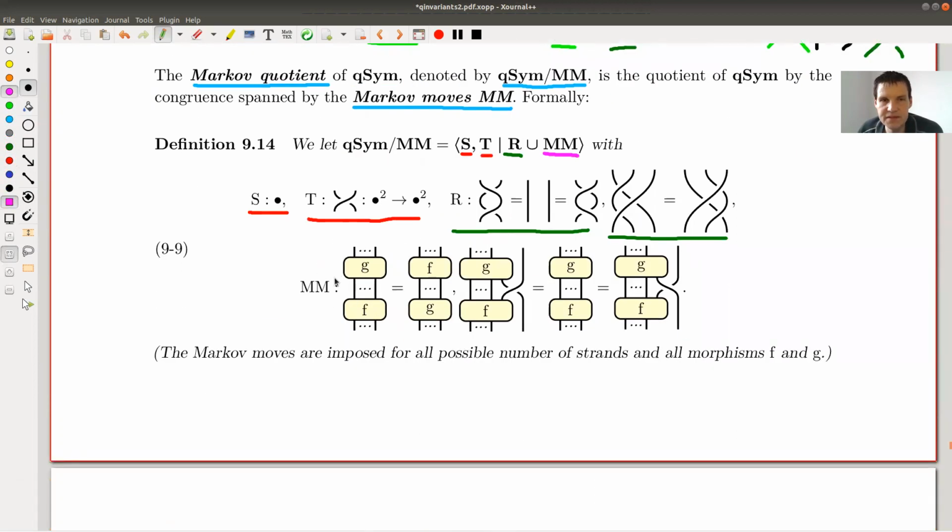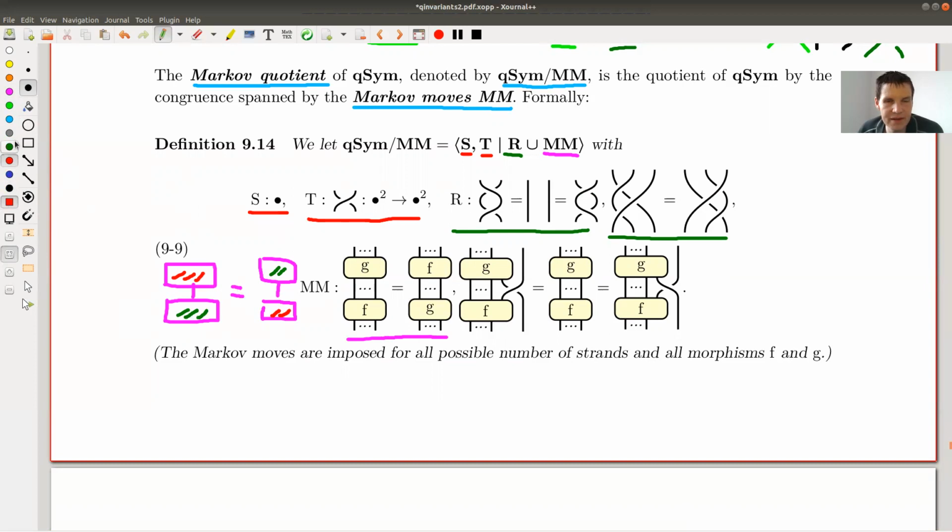The first Markov move says whenever you have a diagram at the bottom and a diagram at the top, you can swap the order. So let's say you have a green diagram at the bottom and a red diagram at the top. Then it's equal to having the green diagram, no matter what they are, at the top and the red diagram at the bottom.